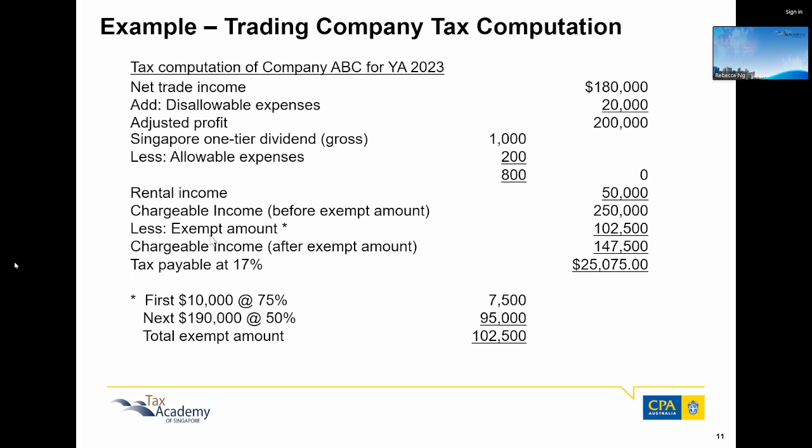If a company has a chargeable income before exempt amount of more than 200,000, they will usually have the full exempt amount of 102,500. After we deduct the exempt amount, we will have a chargeable income after exempt amount of 147,500, and we apply a 17% tax rate to arrive at $25,075.